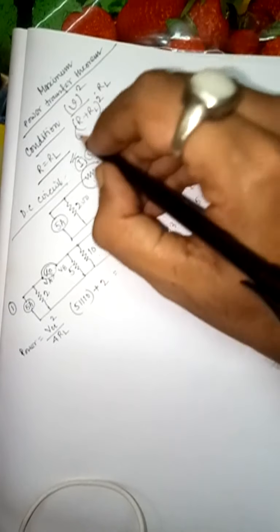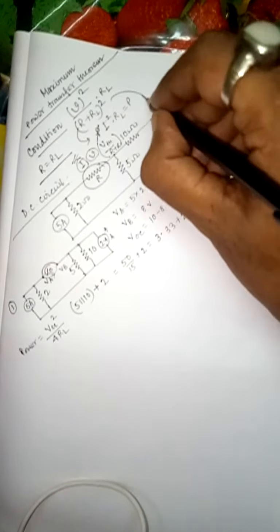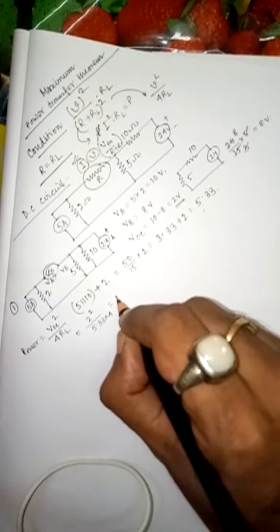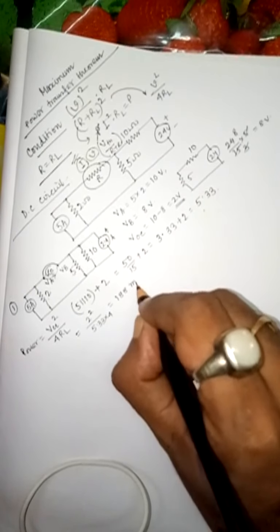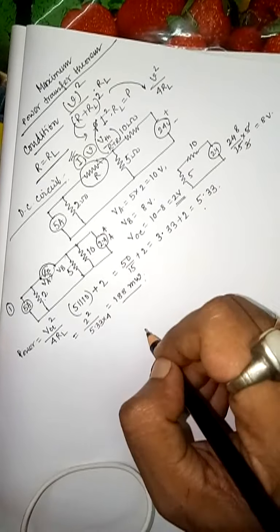If R equals RL, it should be V square by 4 RL or R, whatever. Now that is VOC square by 4 RL. Just put in this value, that is 2 square by 5.33 into 4, so it is approximately 188 milliwatt. Okay, that is using Norton's theorem.